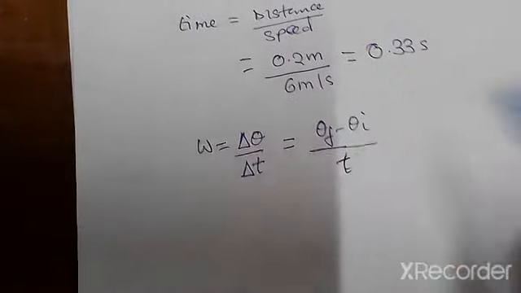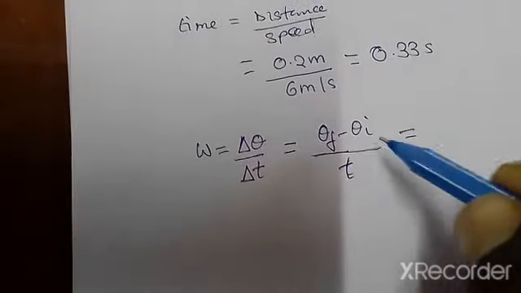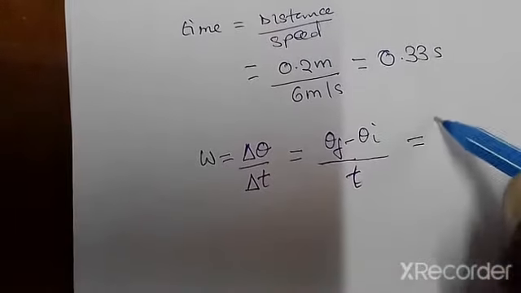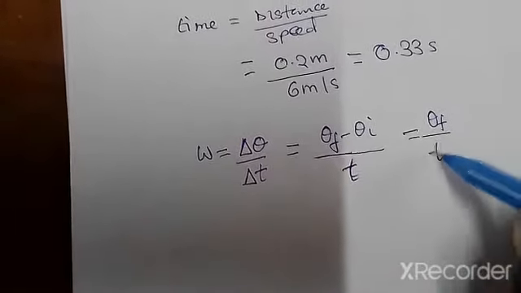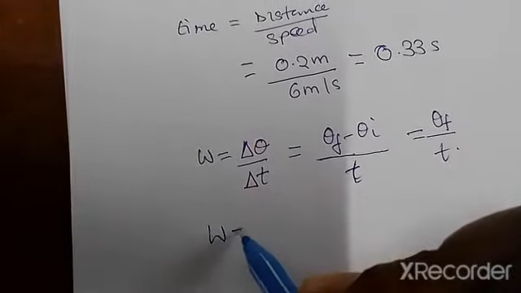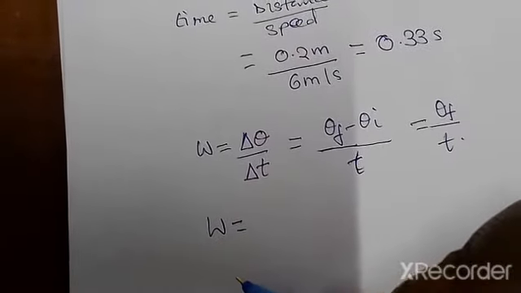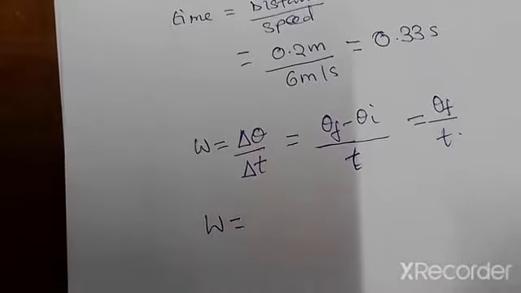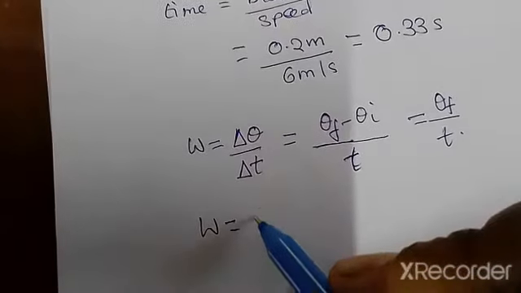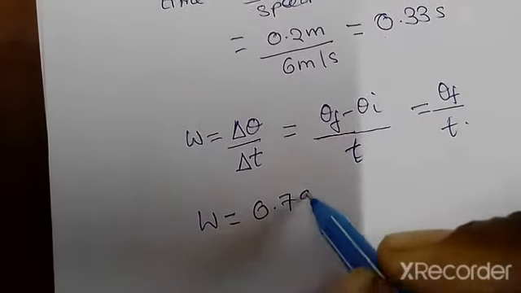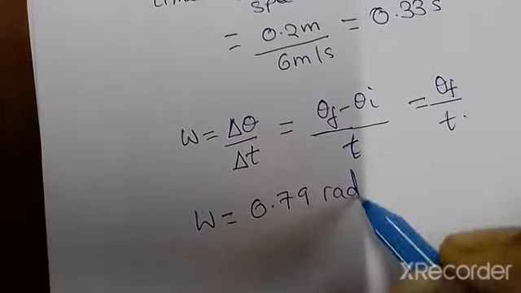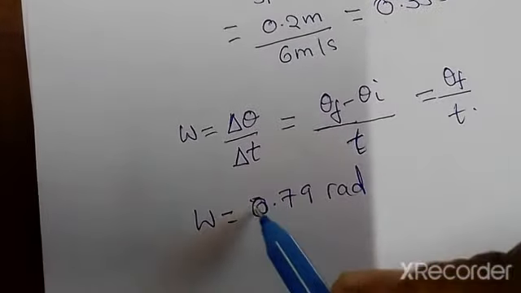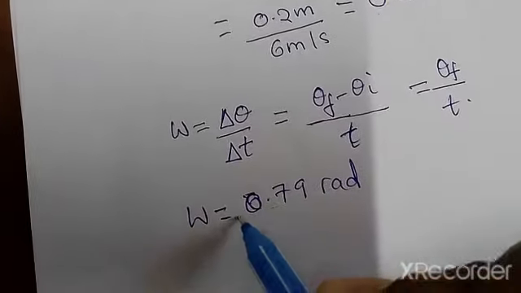So theta initial is 0, so we'll just talk of the theta final divided by time. So our omega, or angular speed, is going to be equal to, we've said, each spoke is 0.79 radians. So that's the angular displacement that each spoke is going to cover.